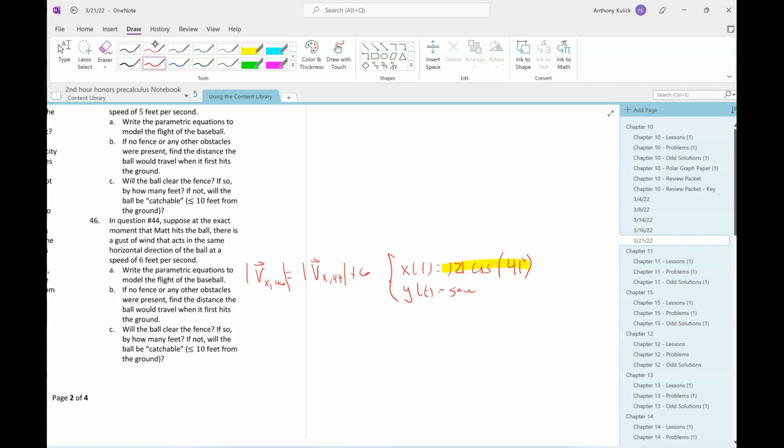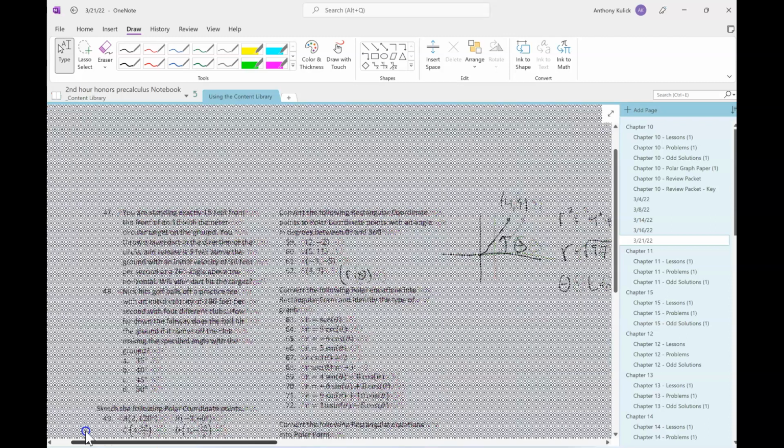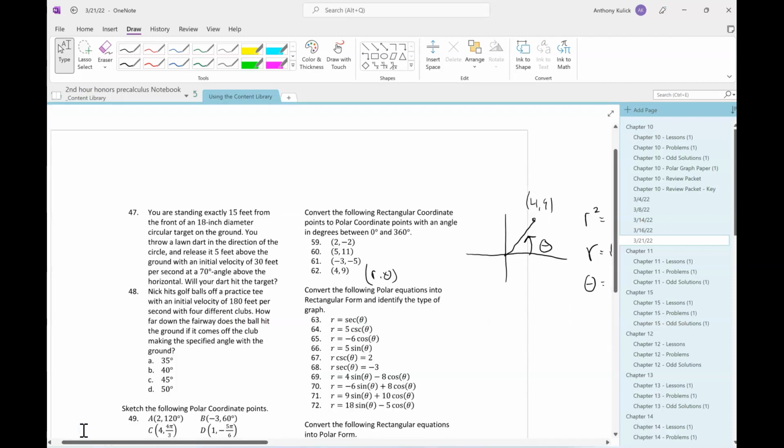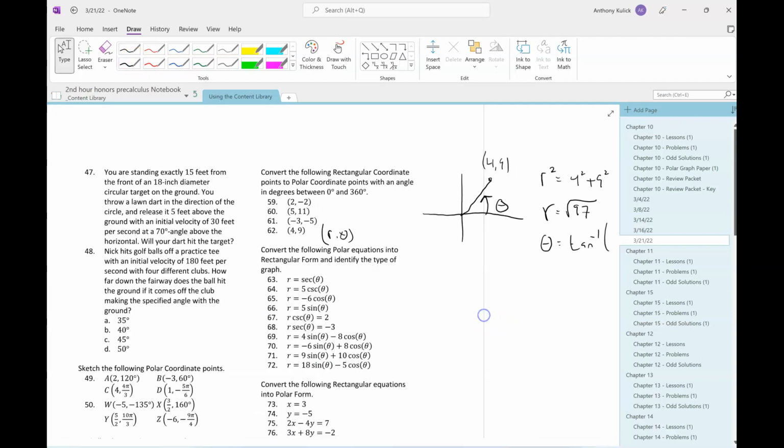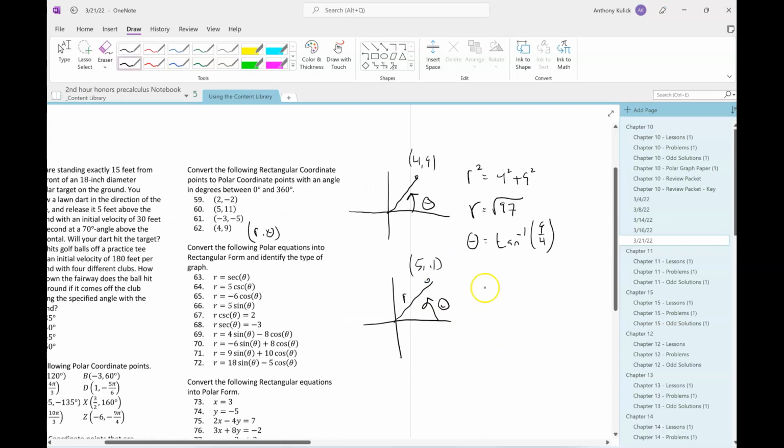Maddie. Yeah, man. So do that the exact same way we did 62. So 5, 11 is like here. This is r, that's theta.